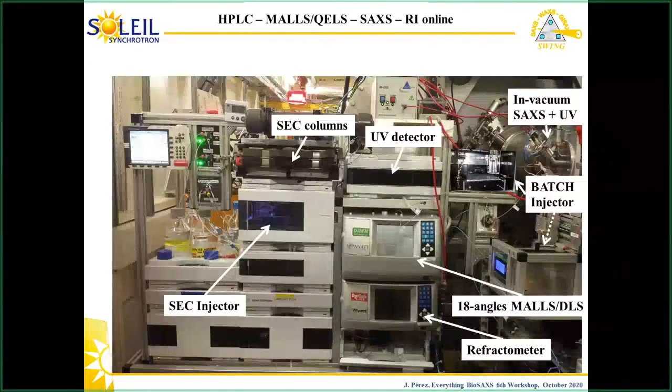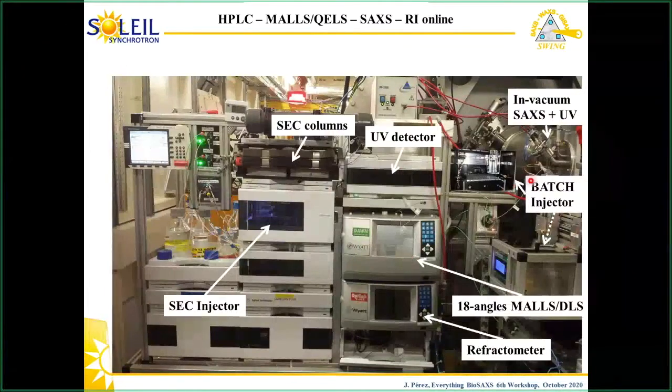In this way, there is no beam time loss when you change the buffer or when you change the column. In combination with these pumps, we have a UV detector, of course, to determine the concentration as a function of the volume eluted.